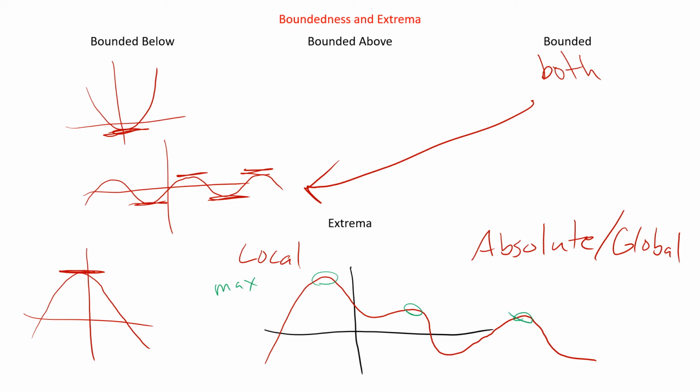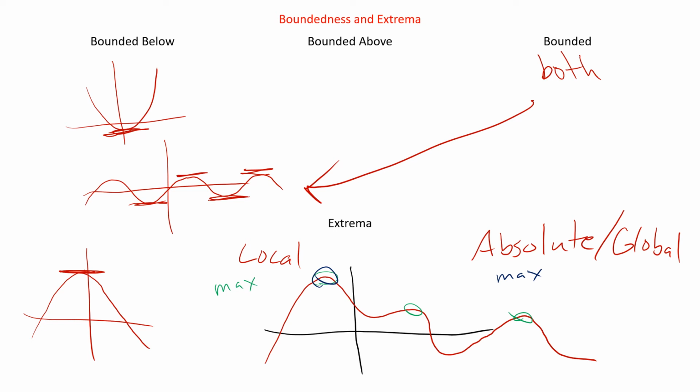That's the local maximum. The absolute or global maximum is just the highest point. It's that one. There's only one. Local, there could be a whole bunch, but global, there's only one.